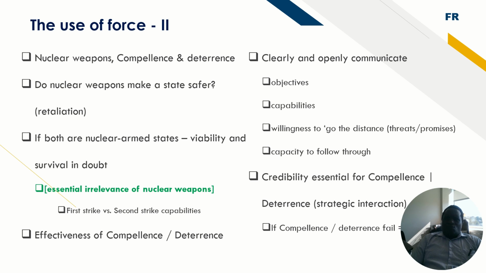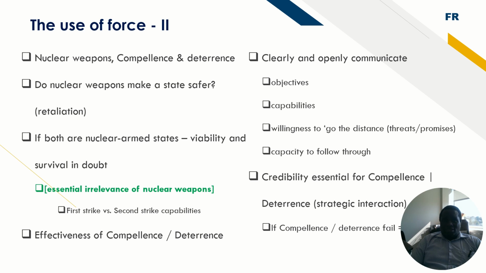But also, we have seen India and Pakistan go to war while they both had nuclear weapons and did not use them. And so the question is, why is it that they fought a conventional war when they had nuclear weapons? Maybe nuclear weapons are irrelevant, maybe.